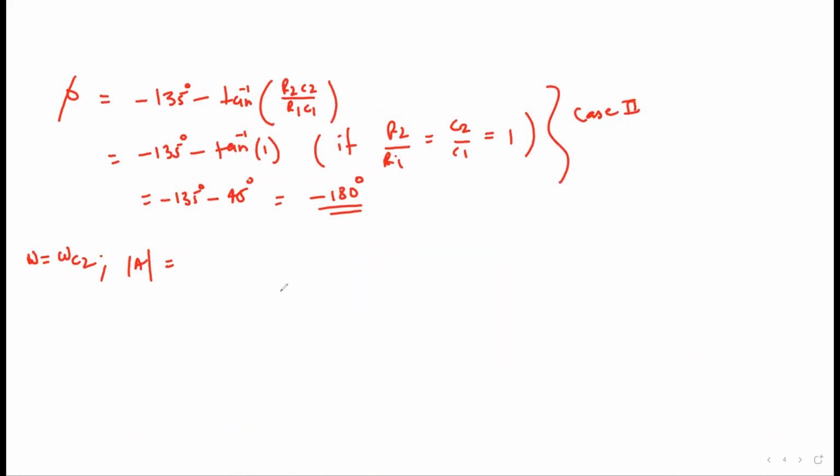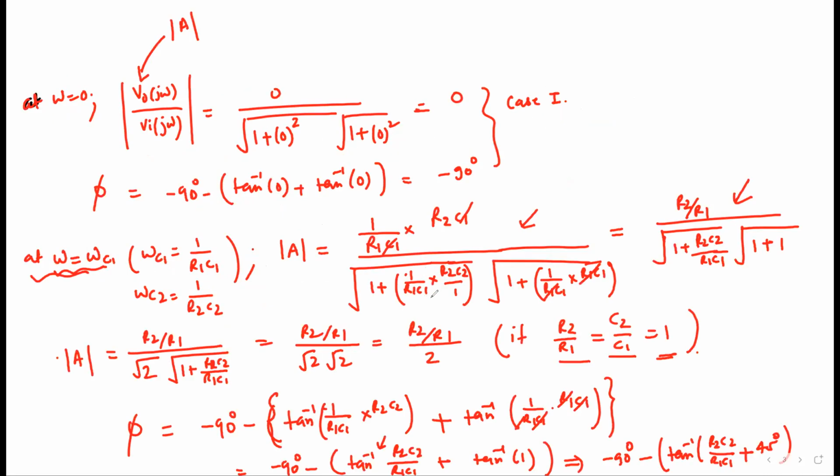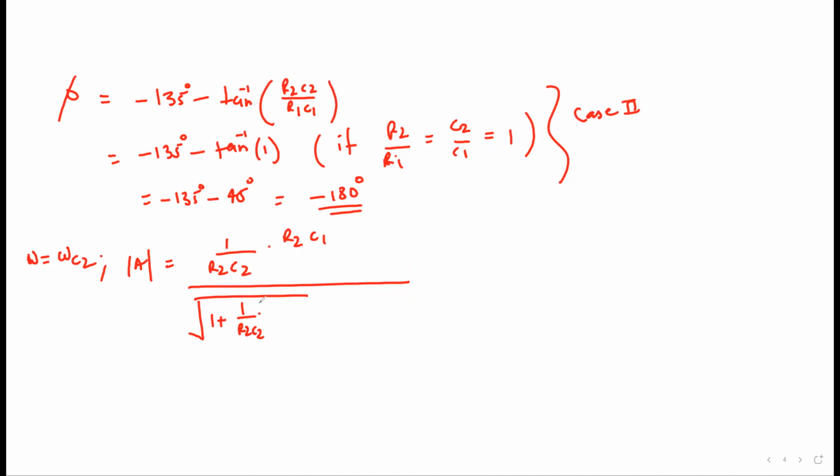It would be 1 over R2C2 times R2 times C1, divided by the square root of 1 plus, with omega C2 being 1 over R2C2, times R1C1.